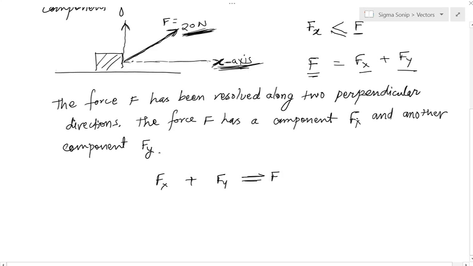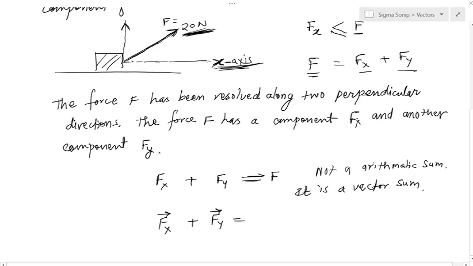But here we have to be really careful, because this is not a simple arithmetic sum. It is a vector sum. So we have to write it with these arrows just to denote that these are vectors.